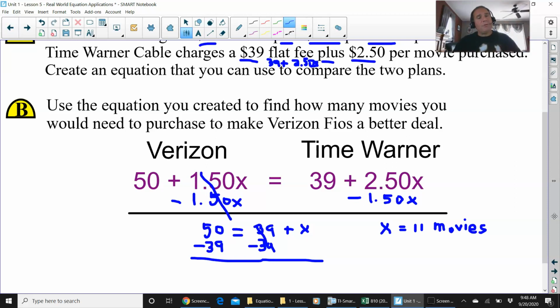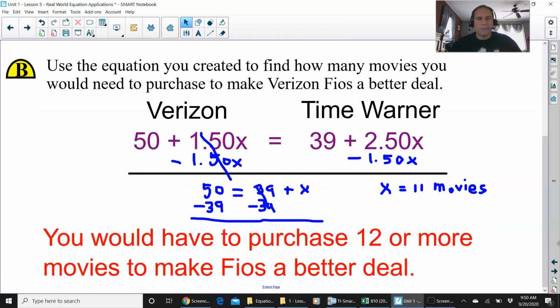So press pause and think about that. How many movies would you have to purchase to make Verizon Fios the better deal for you? Press pause, and we'll come back and review an answer now. All right, so here we go.